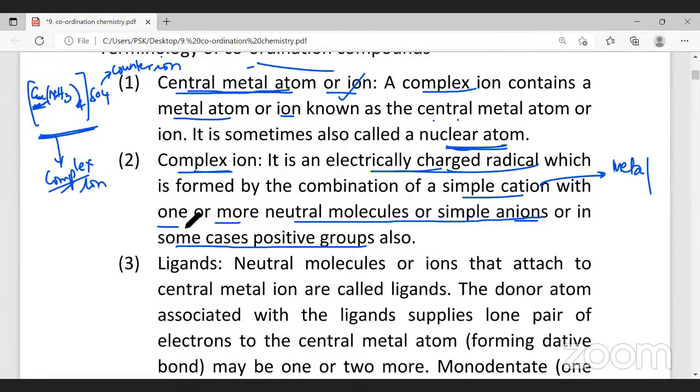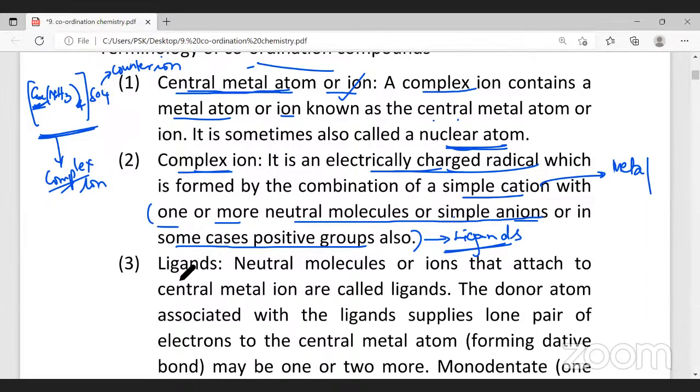These are generally called ligands. So whatever atom, molecule, or ion is attached to the central metal atom is called a ligand.